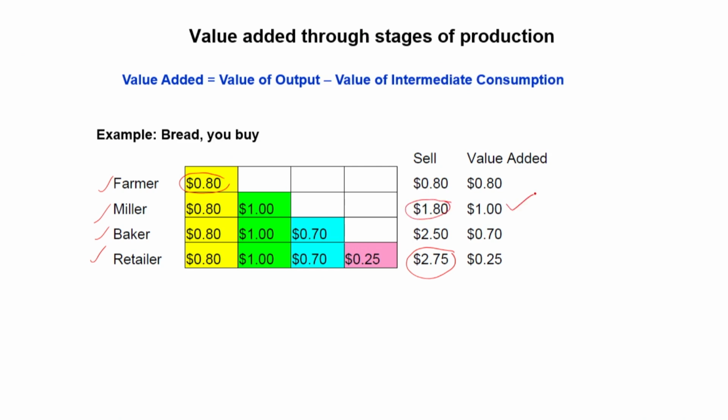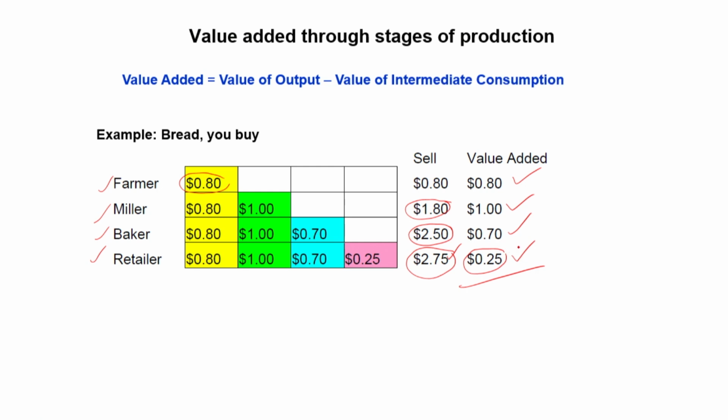So their added value is 1. Then the baker buys it at 1.8 from the miller and sells it at 2.5, so they add a value of 0.7. And then the retailer takes it from the baker at 2.5 and sells at 2.75, making an income of 0.25. So you can see in this example, in the last column, the farmer's value addition is 0.8, the miller's contribution is 1, the baker's contribution is 0.7, and the retailer's contribution is 0.25.